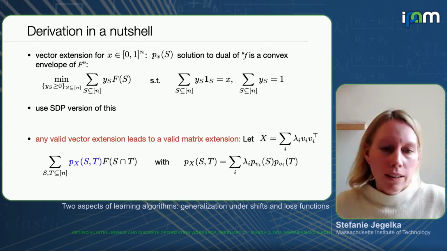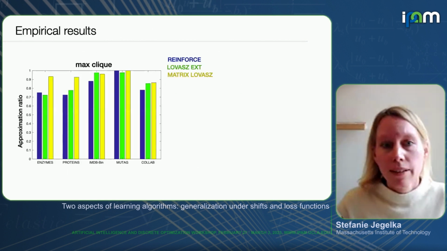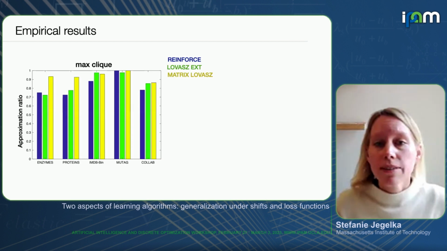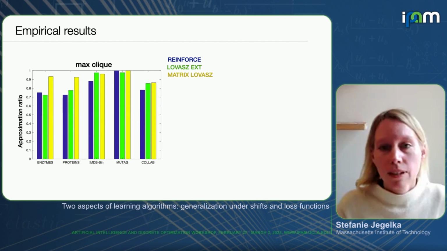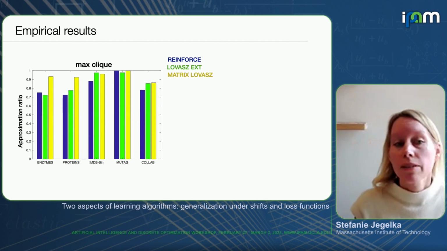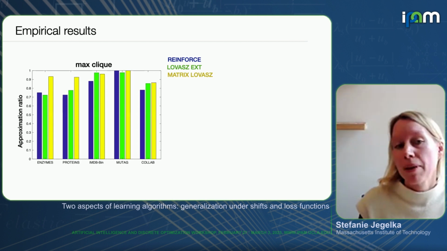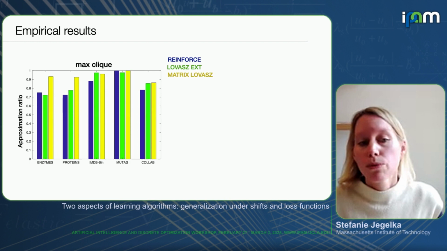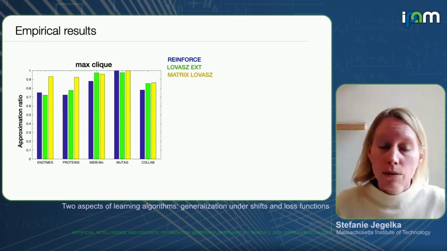I don't have a lot more time, so let me just show you some empirical results and then conclude. So how does this actually work? Here's a comparison: the green one is the vector extension and the yellow one is the matrix extension, training a neural network on a simple Max-Clique problem to compare these.